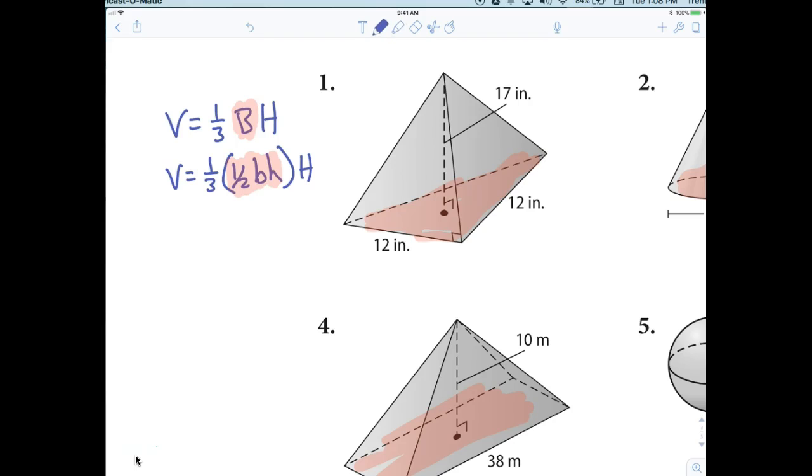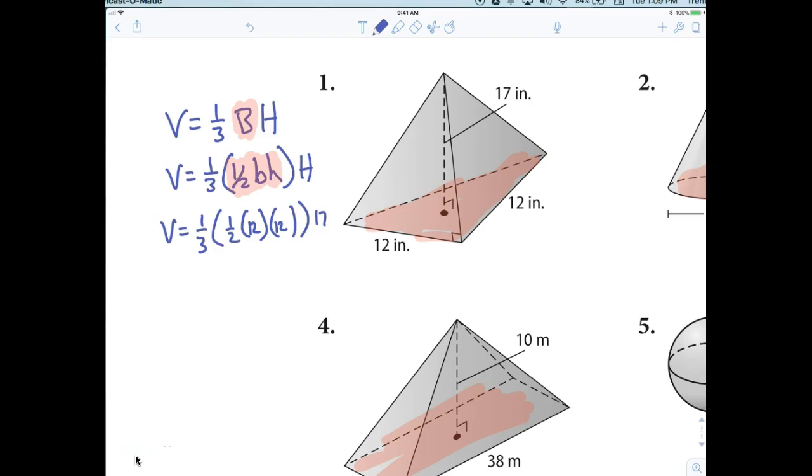Volume equals 1/3 times 1/2. What's the base and height of the triangle? 12 and 12. Very good. And what's the height? 17. And then times 17. Very, very nice and very, very easy if you know the formula.